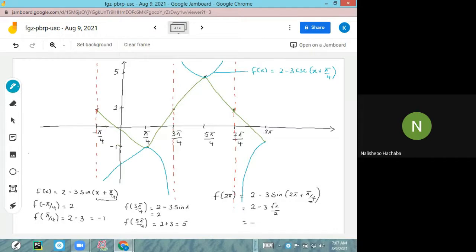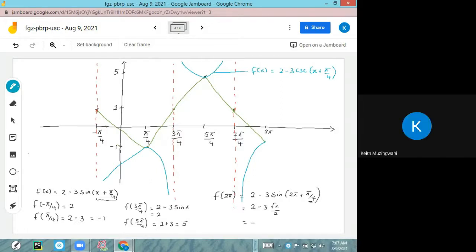Sir, the last point, the one for 2 pi, it's okay even though you don't place it exactly where it's supposed to be? Just leave it the way it is, not a point?